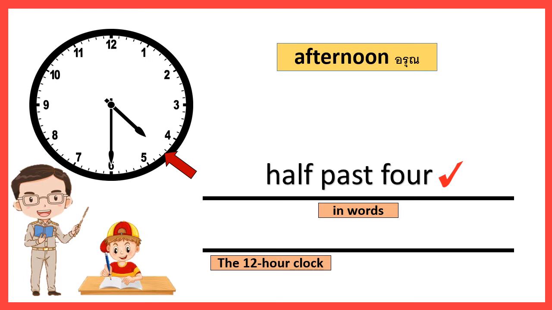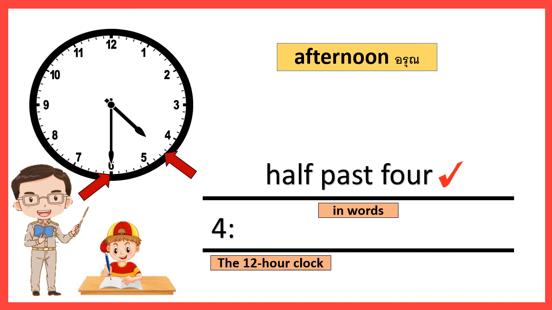The short hand is in the middle of 4 and 5. What do you think is the answer? The answer is 4. Alright. Why 4? Because it has not reached 5 yet. Understand? Next, let's take a look at the long hand.